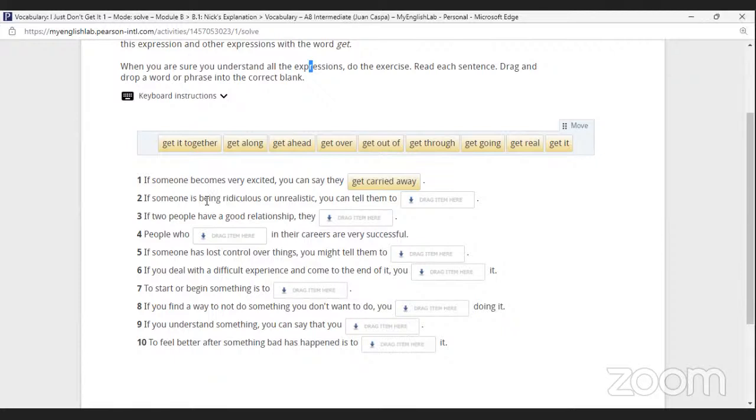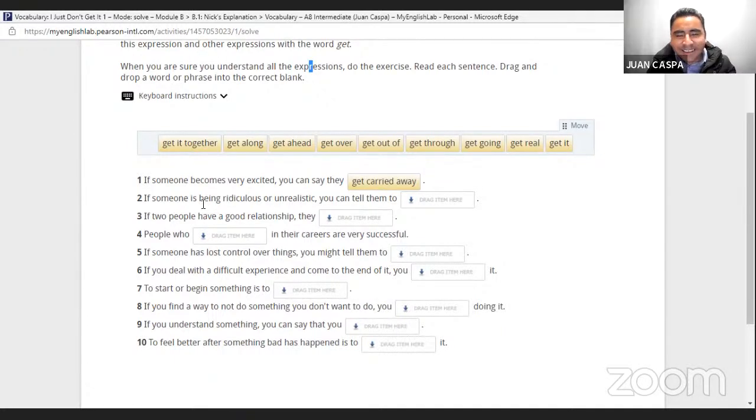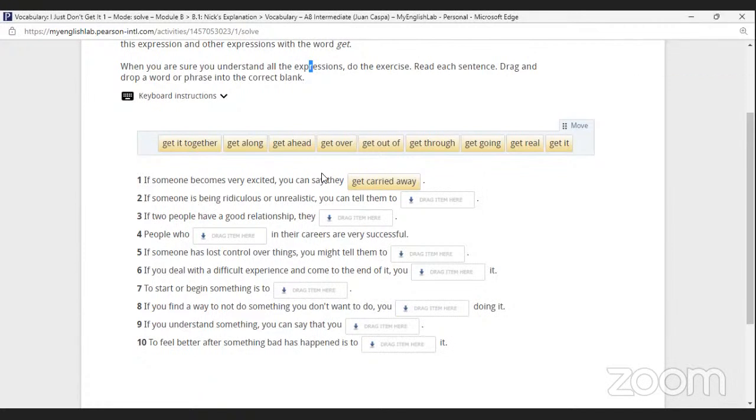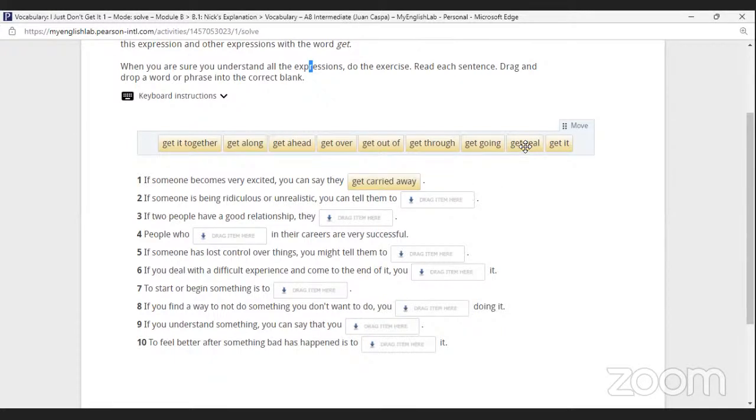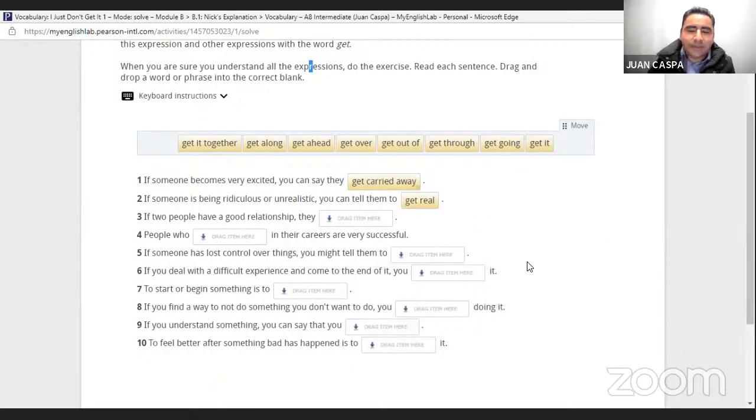Cuando alguien está mintiendo. Not really, right? Get ahead es continúa. No creo. Si alguien está haciendo el ridículo o está siendo muy mentiroso o muy irreal, ¿qué le puedes decir? Get real. Okay. Yes, right? Get real. Very good. Es como decir, a ver, sé sincero o sé real, ¿no? Get real.